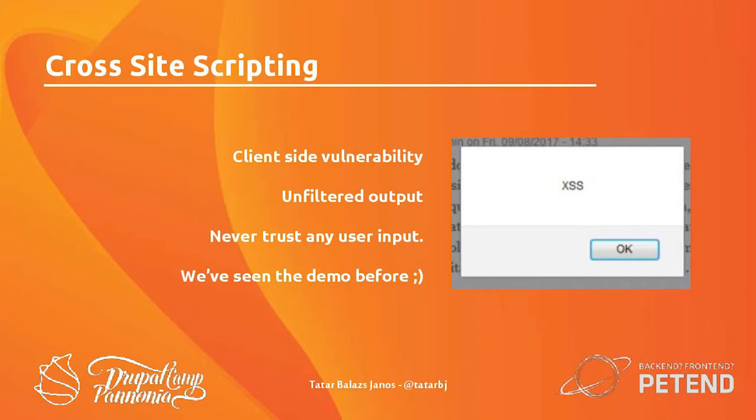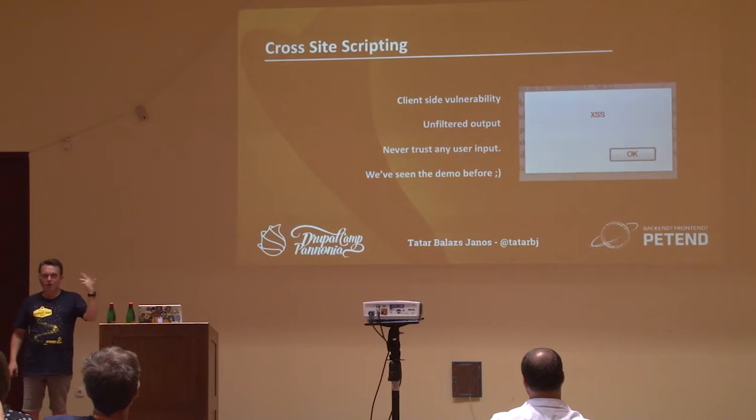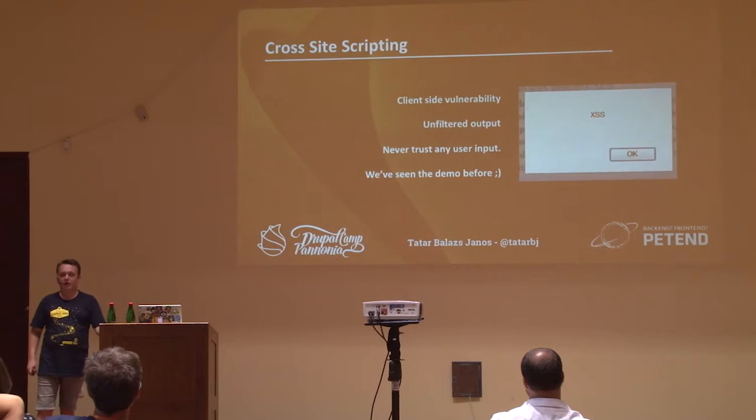So let's start with that. What is XSS? XSS is basically a client-side vulnerability. Something happens on the client side, in the browser. The scope is the browser. What we usually know is that it involves unfiltered output.